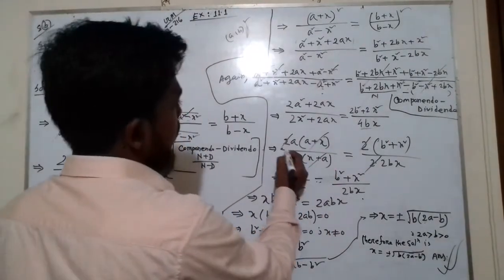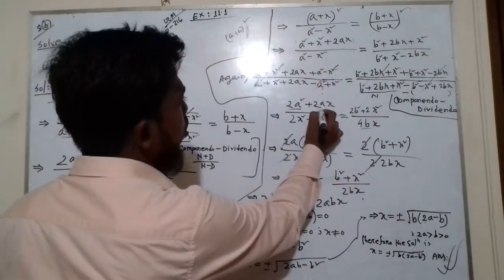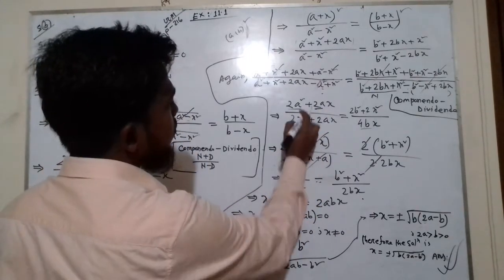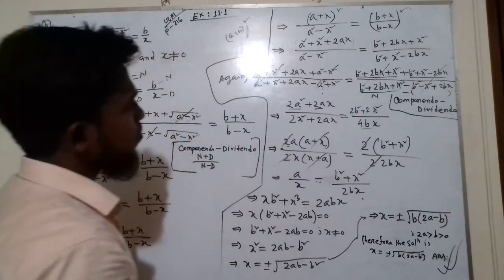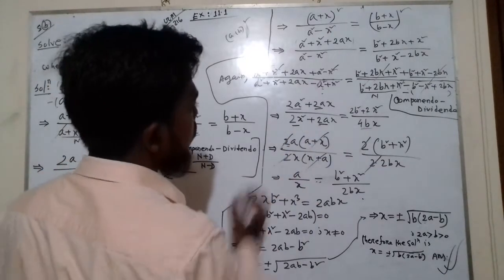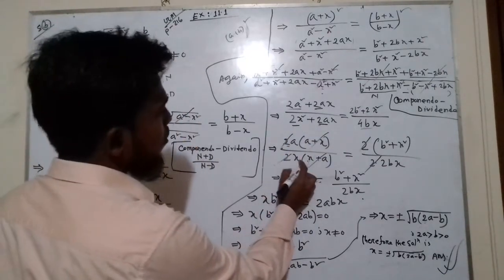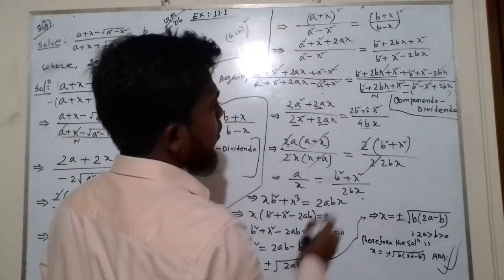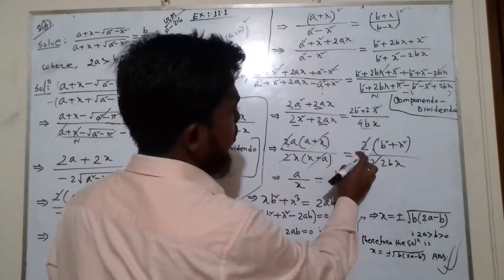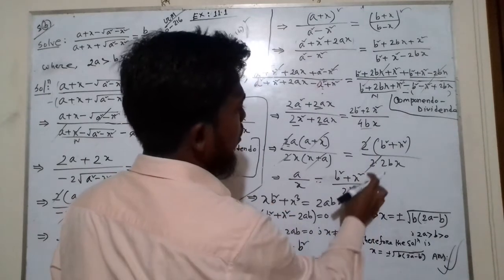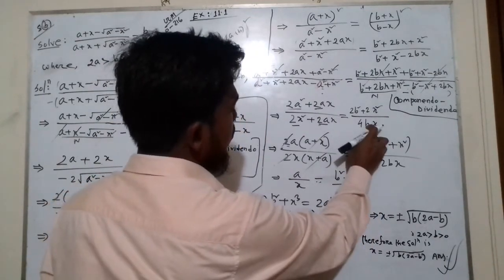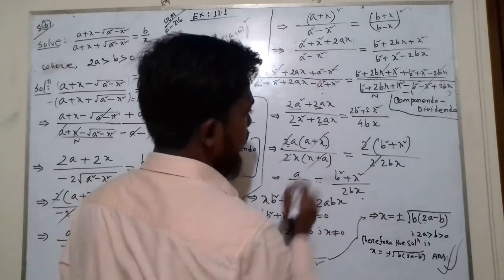So taking common 2a from these two terms, this is a plus x, plus common 2x from these two terms, 2x into a plus x, equal to taking common 2 from the numerator part, 2 into b square plus x square, and we are writing the denominator part 2 into 2bx.